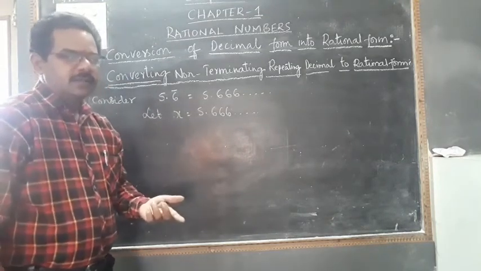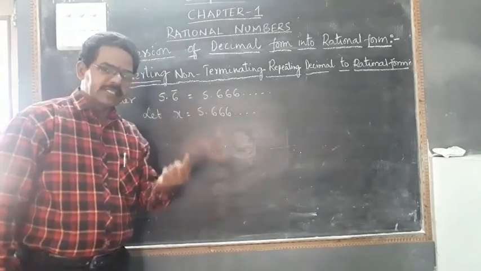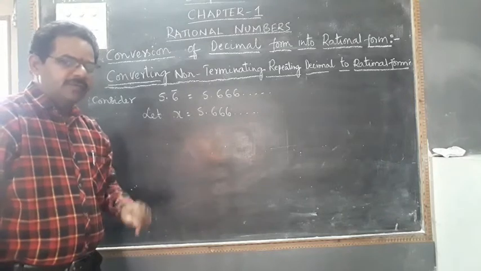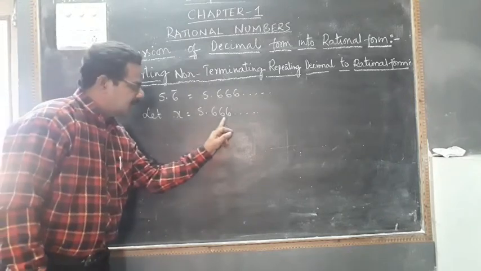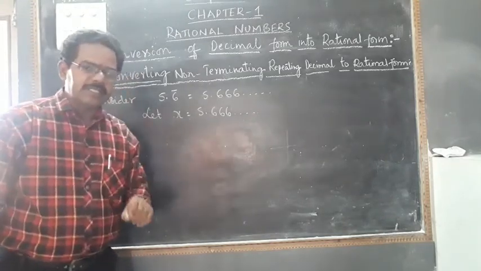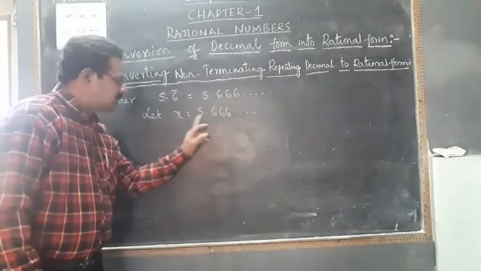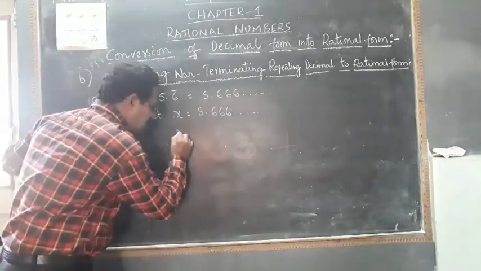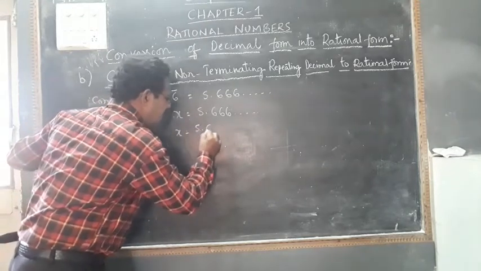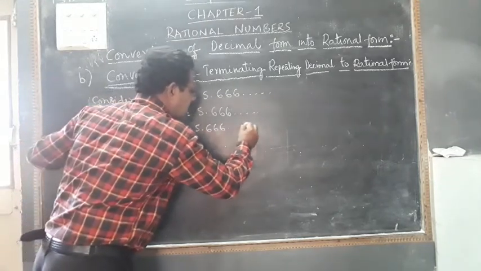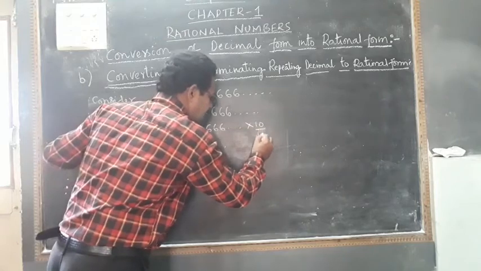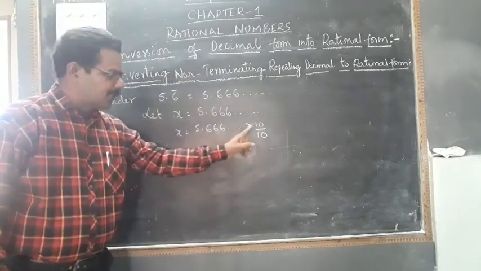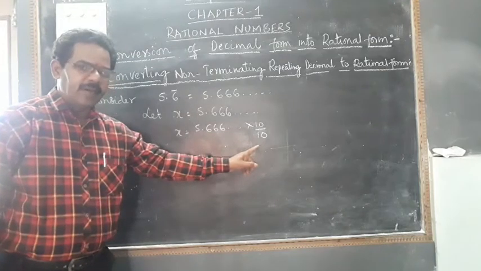If one digit is after the decimal, we multiplied by 10 and divided by 10. Here the 6 is repeating, only one number is repeating, so on both sides we have to multiply by 10. That means x is equal to 5.666 and so on, into 10 divided by 10. Why? Because only one digit is repeating. That's why we multiply and divide by 10.